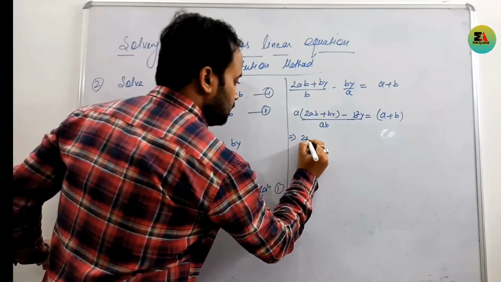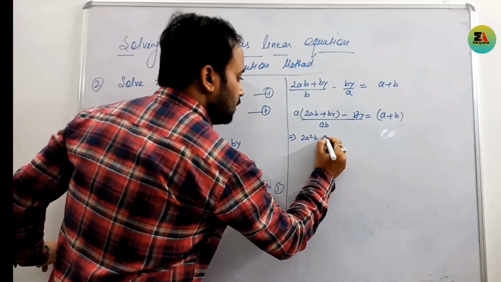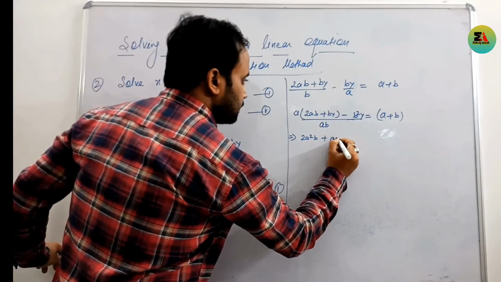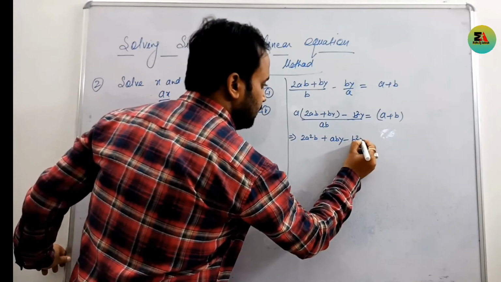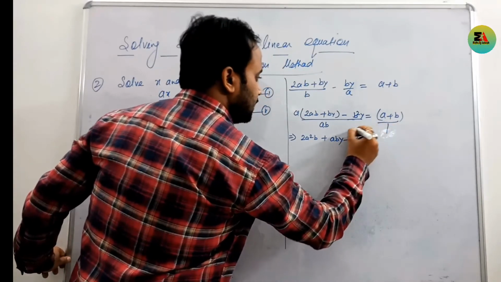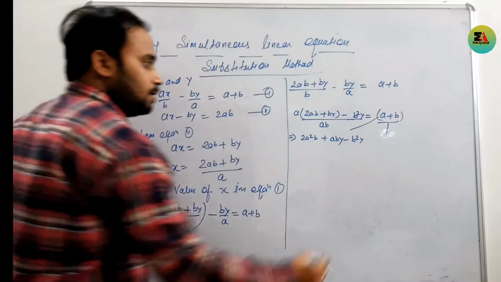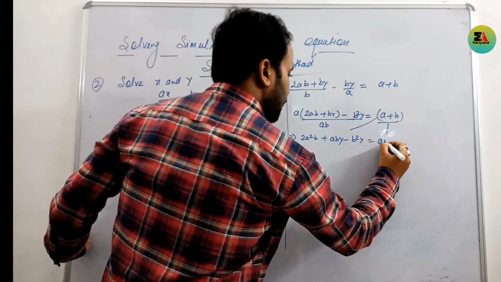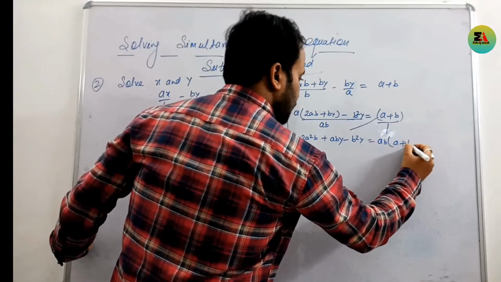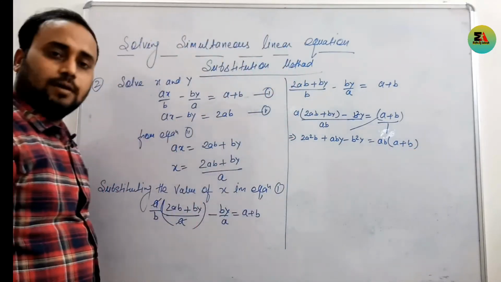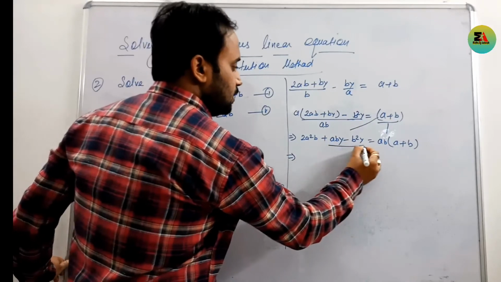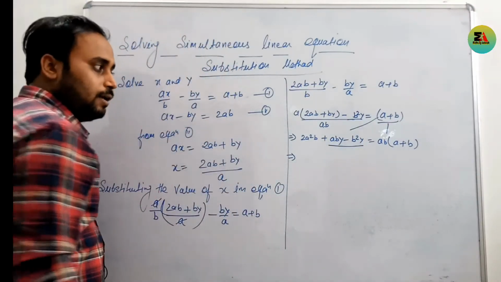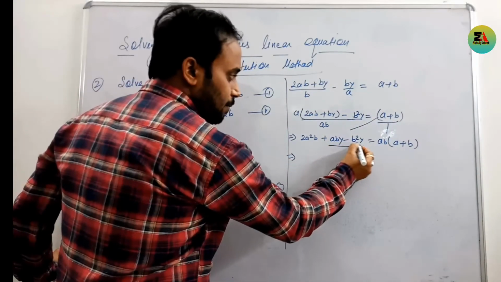This becomes 2a square b plus aby minus b square y, and this ab comes here by cross multiplication, equals ab(a + b). Clear? Now next, what do we do? The terms with variable y are aby and b square y.